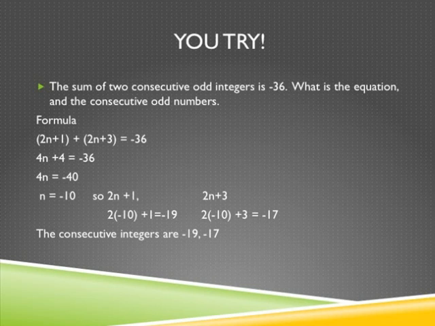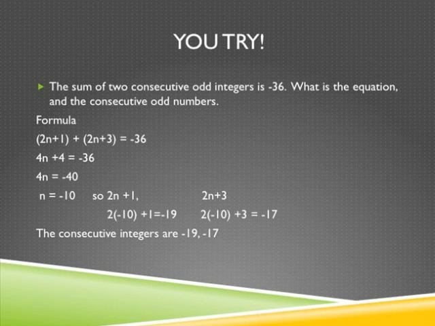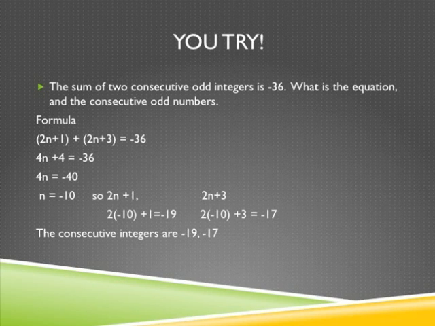So the equation is 2n plus 1 plus the quantity of 2n plus 3 equals negative 36. Combining like terms gives us 4n plus 4 equals negative 36. Now, if we subtract 4 from both sides, we get 4n equals negative 40. Now, we divide by 4 and we get n equals negative 10.